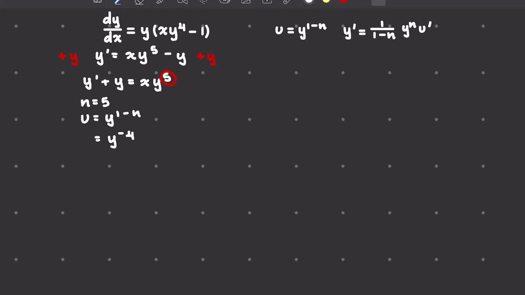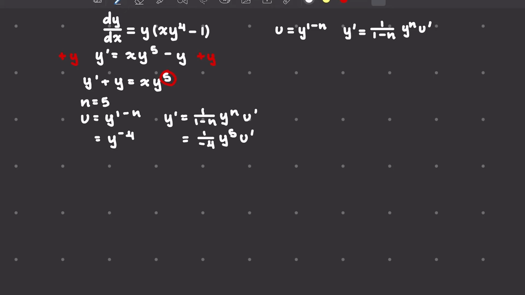We can also calculate y prime, which is equal to 1 over (1 minus n) times y to the n power multiplied by u prime. 1 minus 5 is negative 4, so it's negative 1 over 4, times y to the fifth, times u prime.